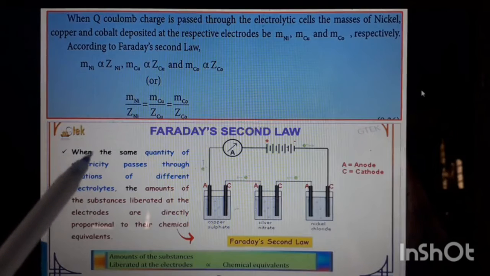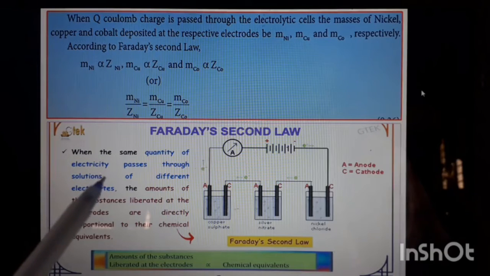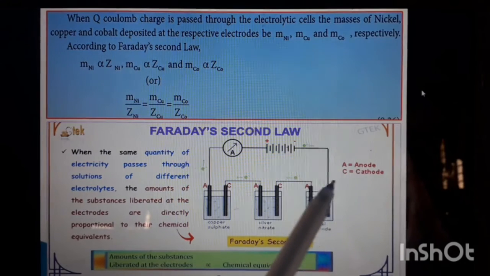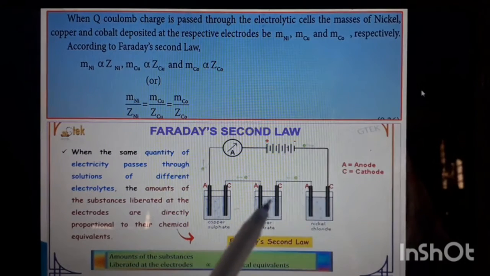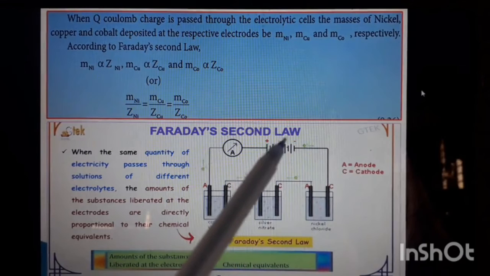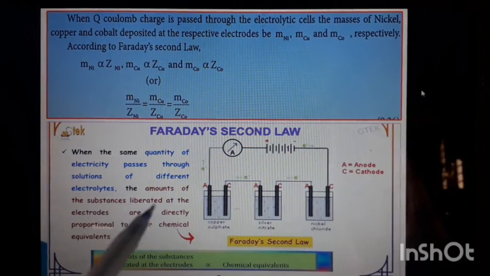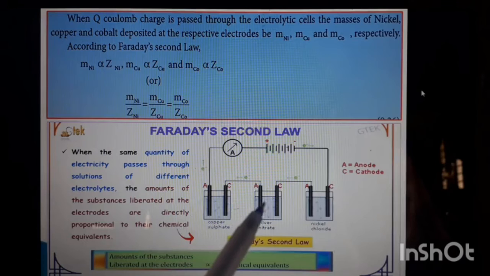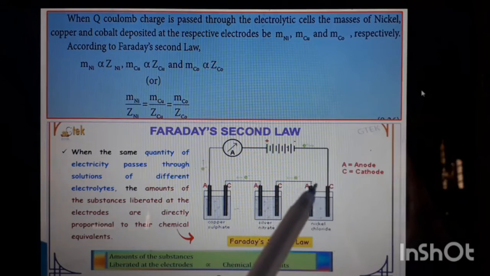The same quantity of electricity passes through the solutions of different electrolytes, all through one connection. Three electrolytic cells are connected to one source. The amounts of substances liberated at each electrode are directly proportional to their electrochemical equivalents. Here nickel is deposited, here copper is deposited, here cobalt or silver.